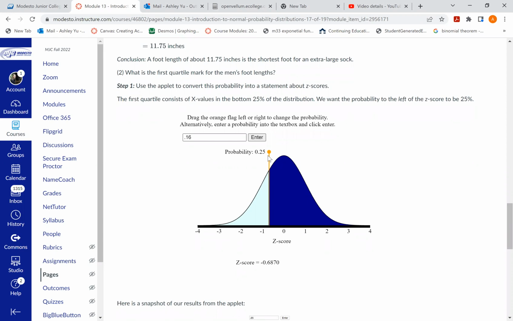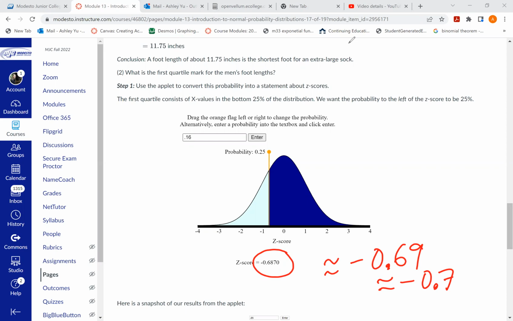There you go, that's about right. So the z-score should be here. Oh, I didn't circle it. Sorry. Negative 0.6870. So about negative 0.69 or about negative 0.7, depending where they want us to round.